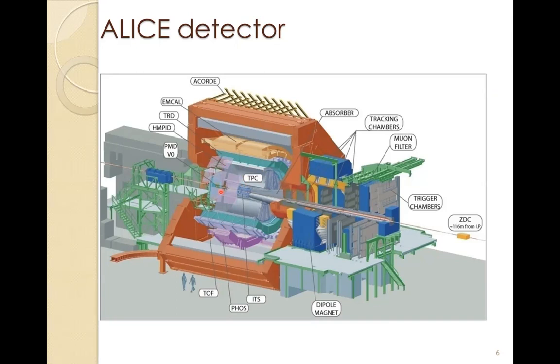Nowadays, when we are starting run 3 and 4, the particle rate is increased, and because of high rate handling, we have replaced the multi-wire chamber by the GEM detector. GEM is one of the important detectors for many experiments, and ALICE is one of them, where we use GEM for handling high rates of particles.